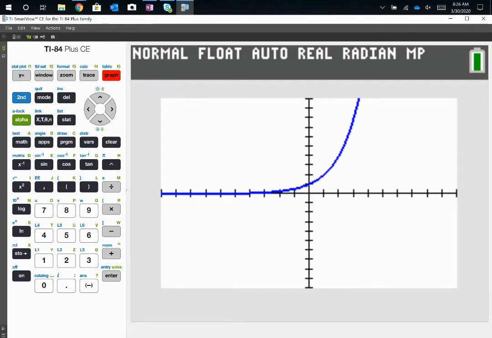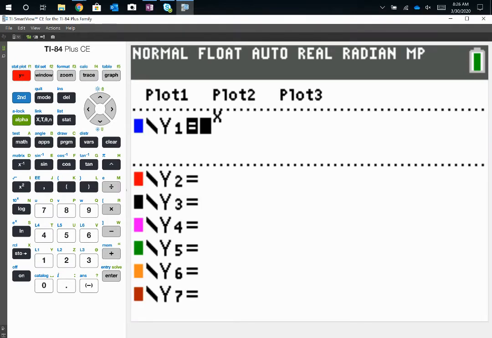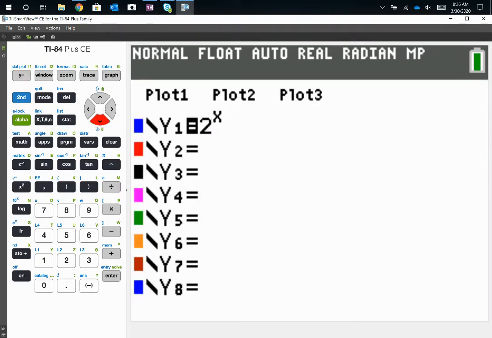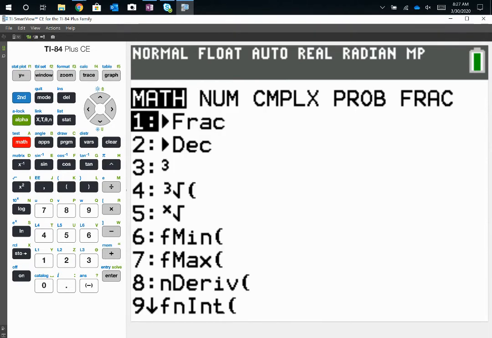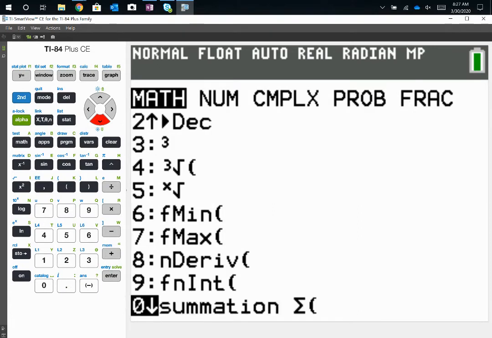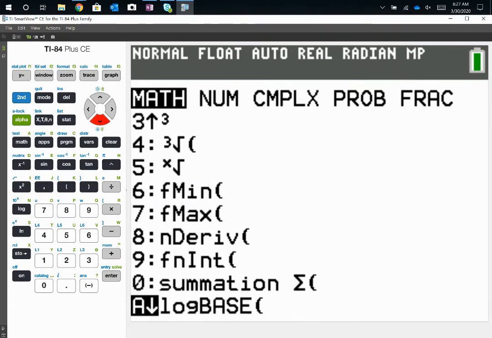And then we graph the logarithm function, log base 2 of x. To get log base, you would have to press the math button and scroll down to log base.